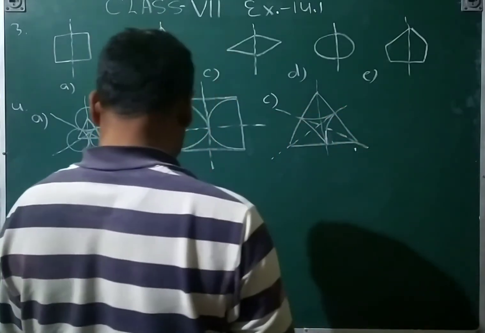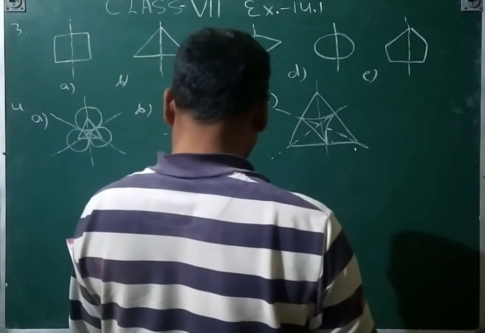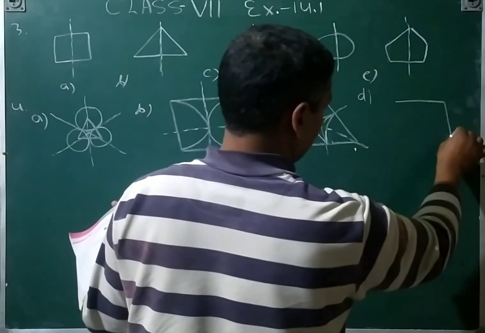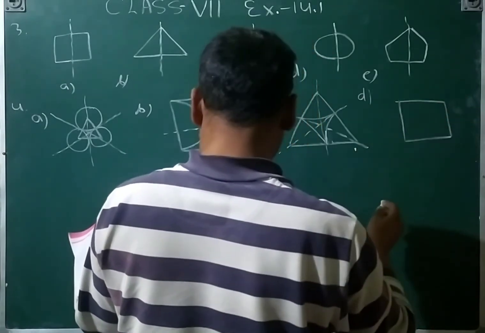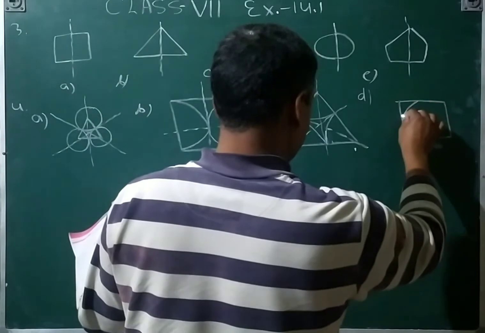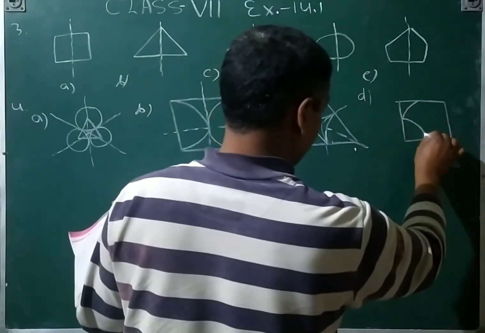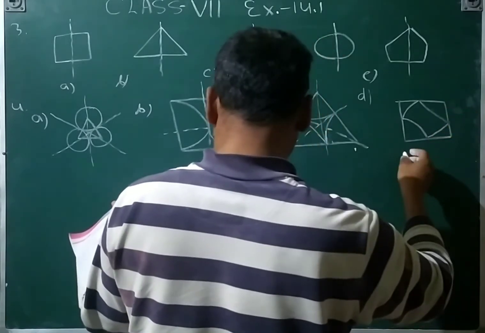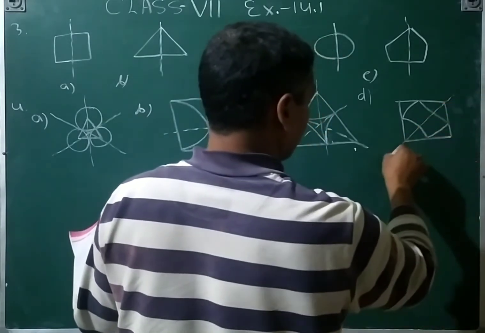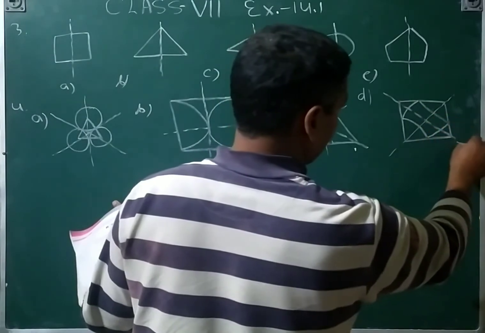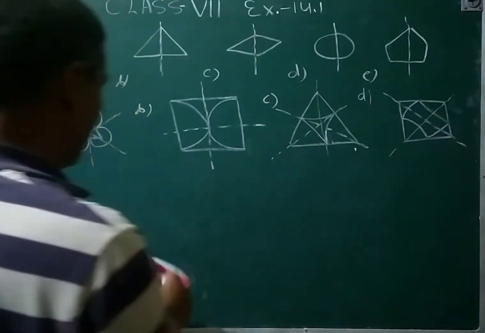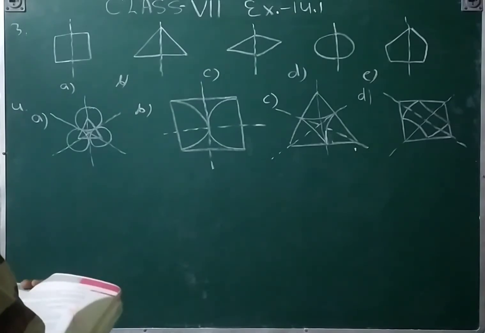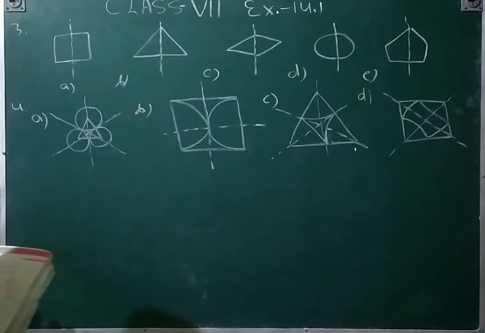And then again a square has been done, that is a square. And then this diagram is given there, so this symmetry line will be this, and this one also will be the symmetry line. And similarly many more diagrams are there that you can do.